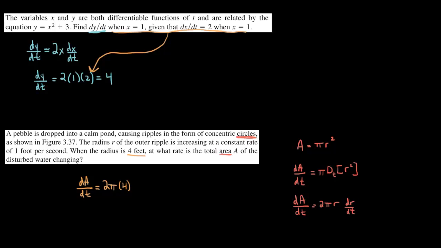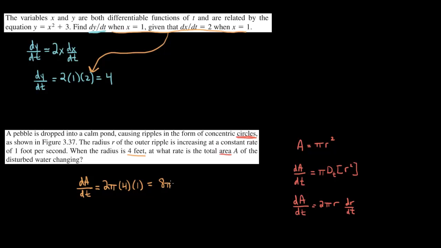And dr/dt is the rate of change in the radius, which we're told is 1 foot per second, a constant rate. So 2 pi times 4 times 1 gives us 8 pi.